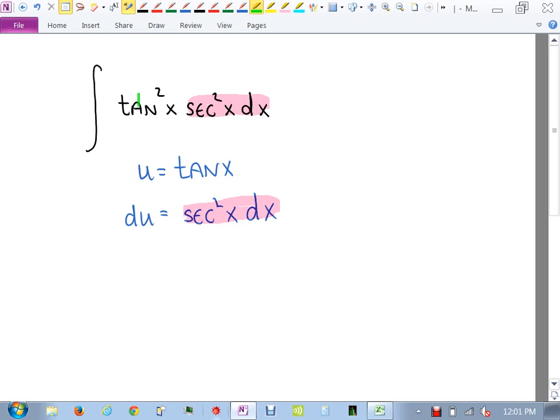And u right there is just squared. So I can rewrite this integral as u squared du, which is 1/3 u cubed plus c. And that's it. There's nothing magical here.